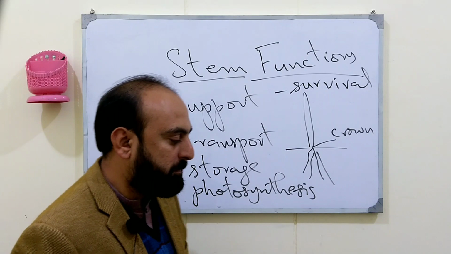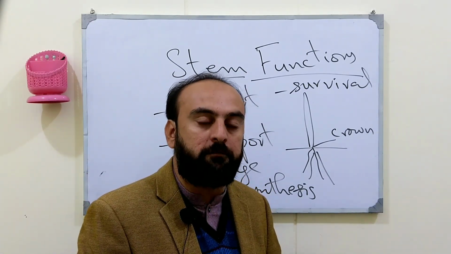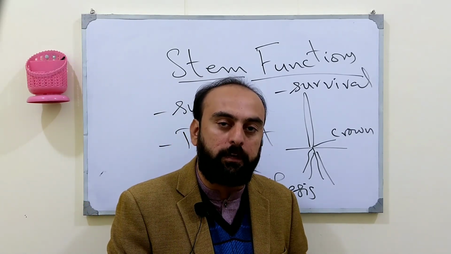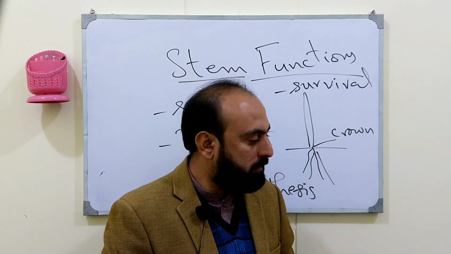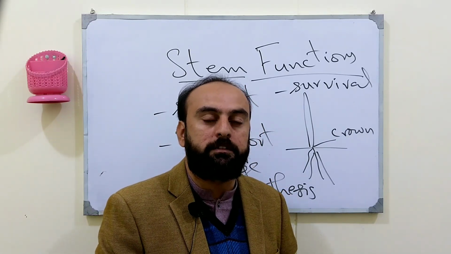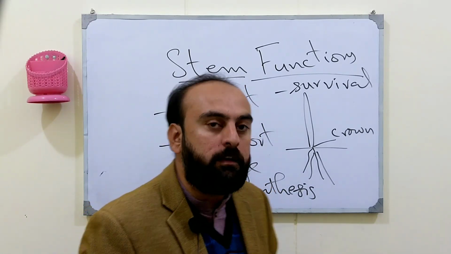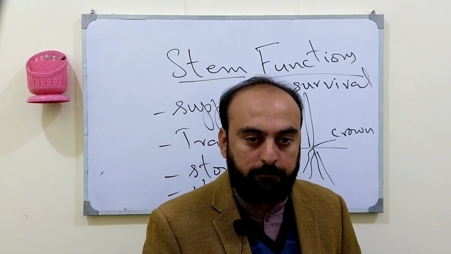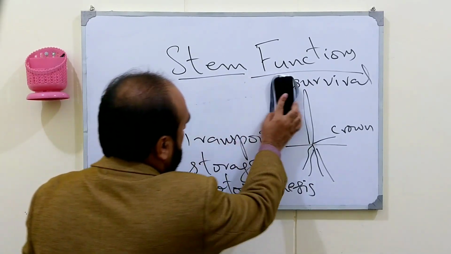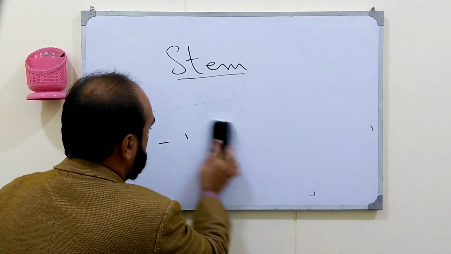In certain plants, stem is used as a means of vegetative reproduction or vegetative propagation. For example, stem cuttings of sugarcane or the underground parts of potato, technically called potato tubers, which bear buds and can be used as propagating or seed material. These are the main functions of stem.